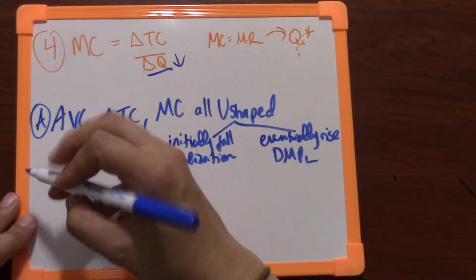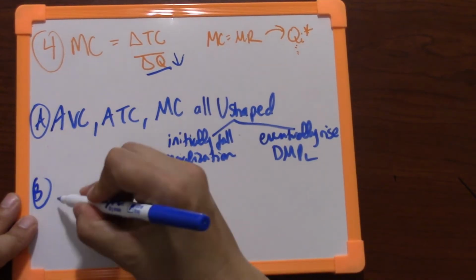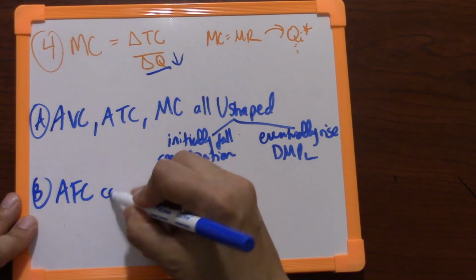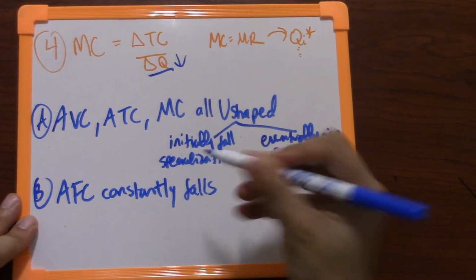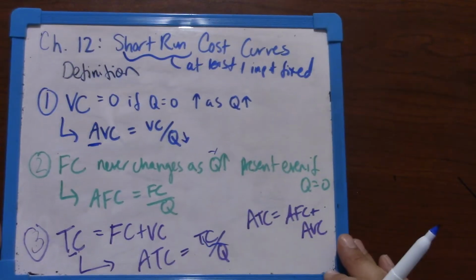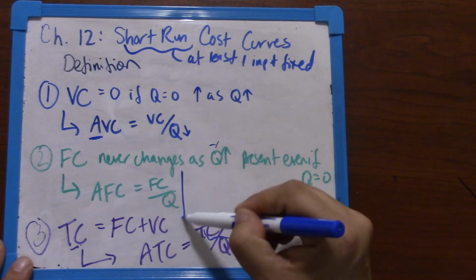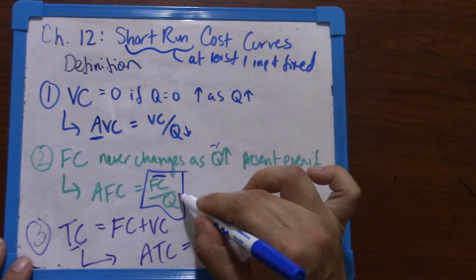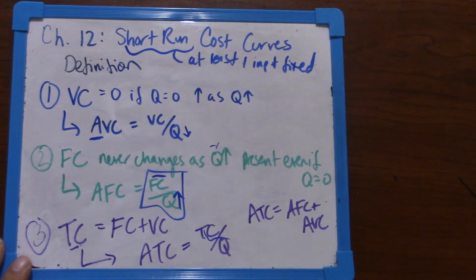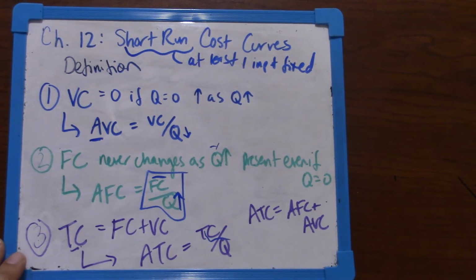The other key fact has to do with average fixed cost. It's just going to constantly fall. Think about our definition of average fixed cost. Fixed cost divided by a quantity. Fixed costs on the top are never changing. So as the quantity increases and we move along the x-axis, we're dividing by something bigger and bigger.